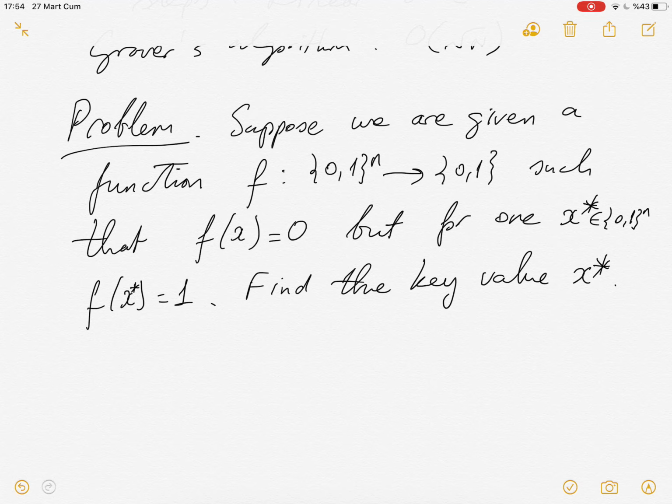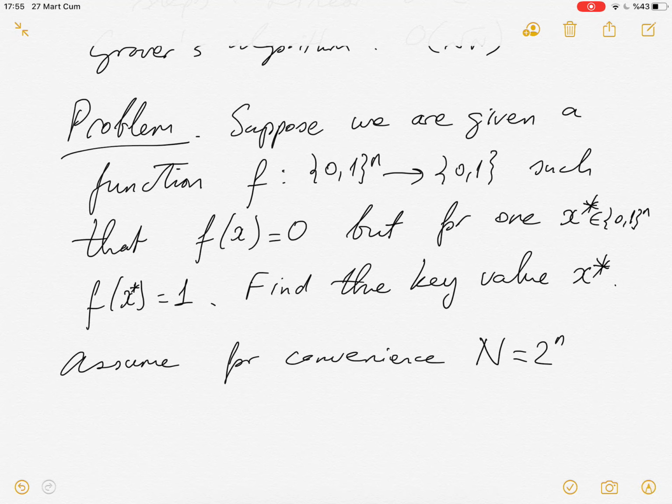This can also be translated into this problem. Let's assume for convenience that n is a power of 2, and we have n many entries, and we want to find a key value x star in these n entries.